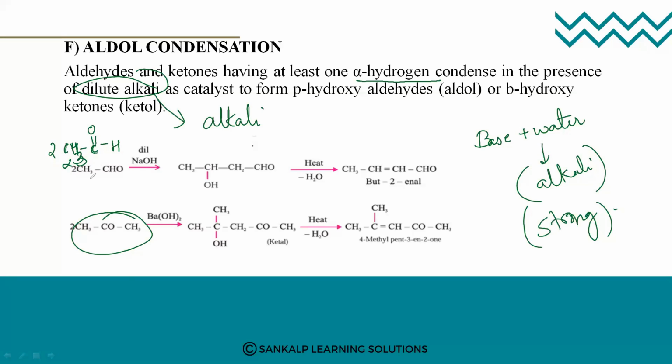So the base will abstract the proton, and you can easily form the carbanion. Now this alpha hydrogen is taken from this, so I can write it like this also.